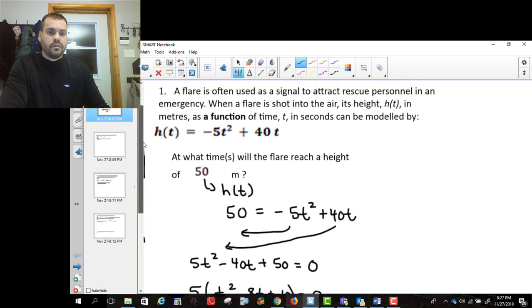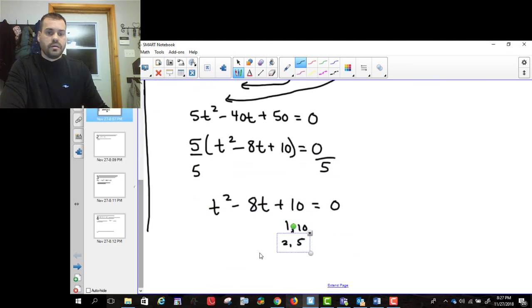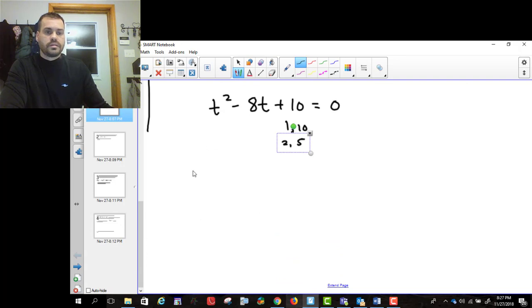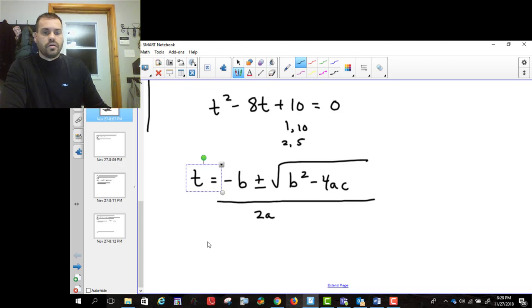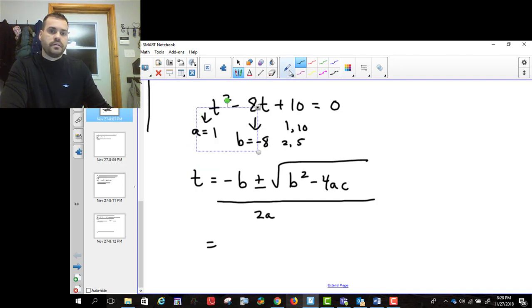And that is going to be, in this case, t is minus b plus or minus the square root of b squared minus 4ac all divided by 2a. So our a is 1 here because it's in front of the t squared. Our b is minus 8 and our c is 10.